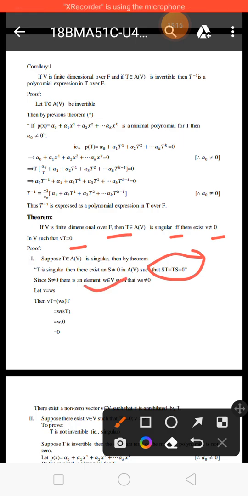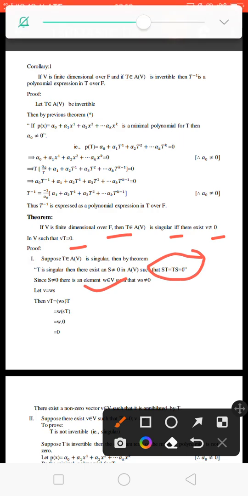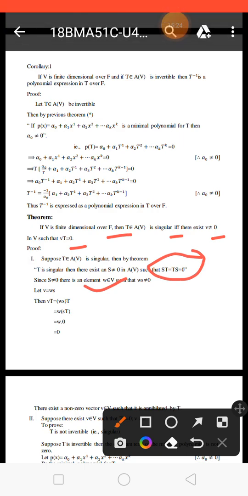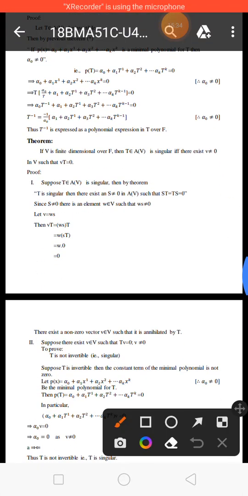Since S is not equal to 0, there is an element w belonging to V such that wS is not equal to 0. Then v = wS, then vT = wST, and w(ST) = w·0 = 0. Then there exists a non-zero vector v belonging to V such that it is annihilated by T.